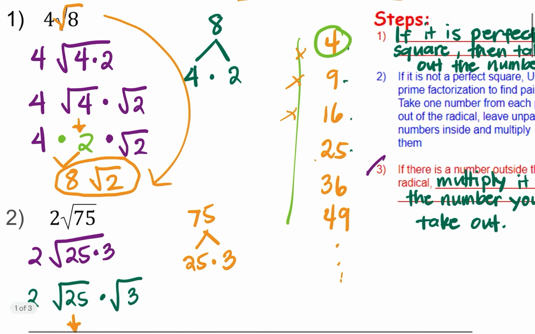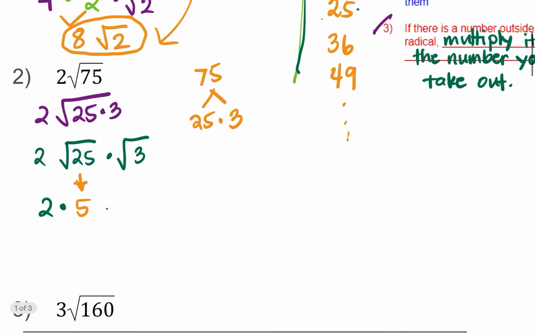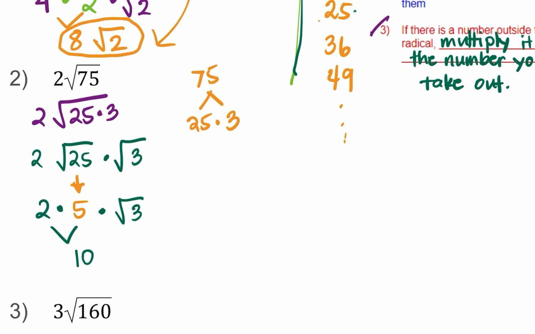Therefore, we'll simply drop square root of 3, multiplying our 2 whole numbers. So 2 times 5 is 10, and we drop square root of 3. There's the simplified form of 2 square root of 75.